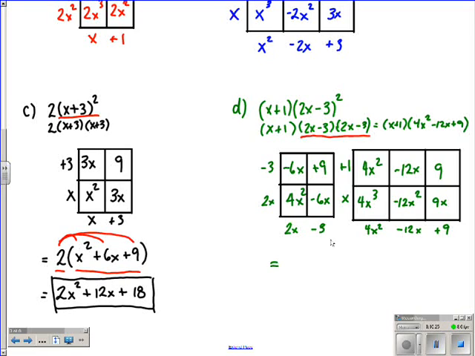So our final answer here, when we put it all together, our highest degree being 4x to the third. 4x squared and negative 12x squared.